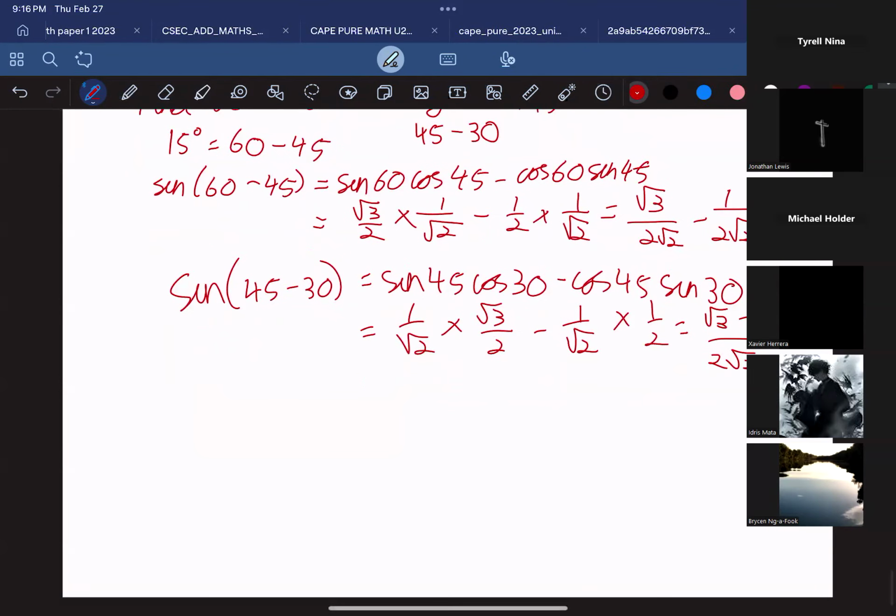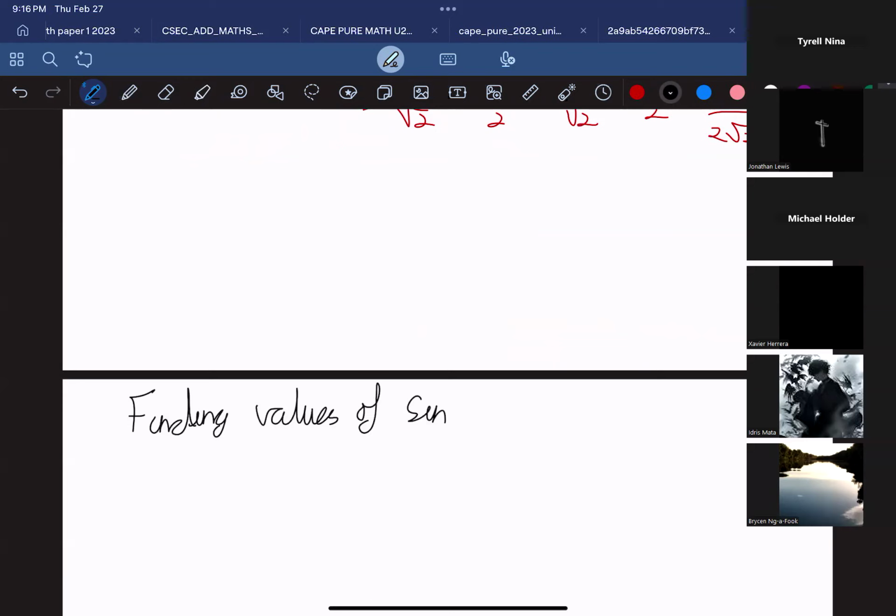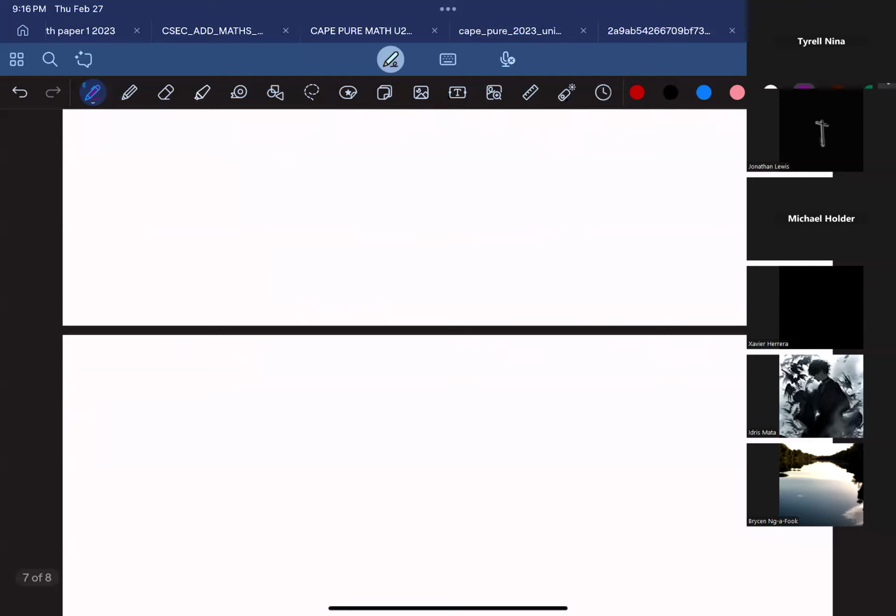Right. So we still haven't gotten to equations yet. The other thing we have to do now is finding values of sine, cos, and actually no, let's not do that. I should do the equations first because we have to deal with quadrants. So solving trig equations, because we first had to do the quadrants, right?